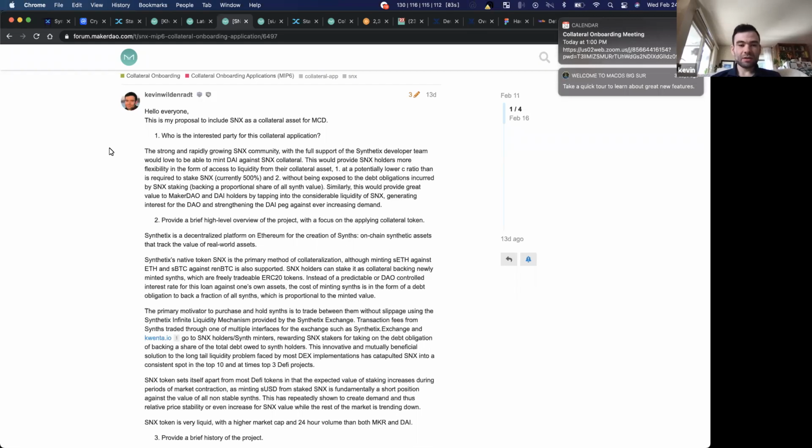So you create SUSD, which you can create a fifth of the value of your Synthetix collateral. And from this, instead of this being a loan, and instead of an interest rate like Maker would charge, and the DAO votes on what the interest rate is, you have to back a proportional share of all synths.